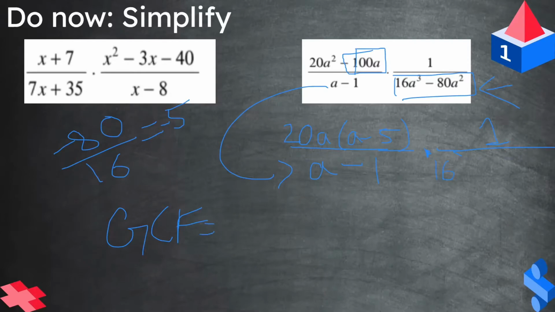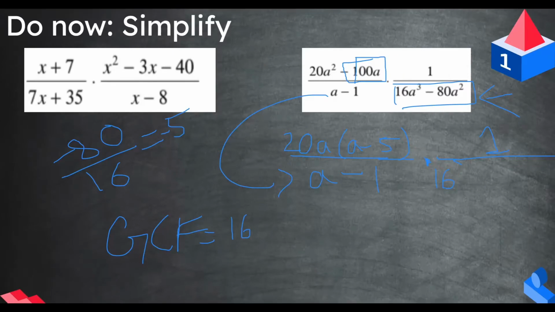So if my GCF is 16, is it going to have any variable or not? I know that it's going to have a variable, and how do I know that? Because both of these terms have a in them.